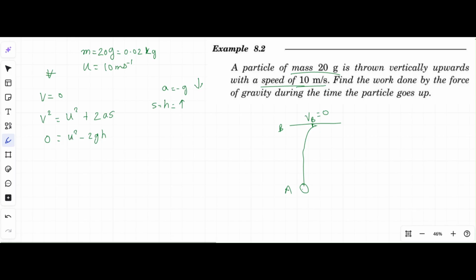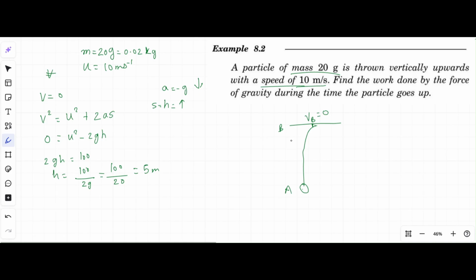And u square is 100, so this becomes 2gh equals 100, and h equals 100 by 2g. So if we take g equal to 10, then this becomes 100 by 20, this becomes 5. It means the ball ascended a distance of 5 meters.